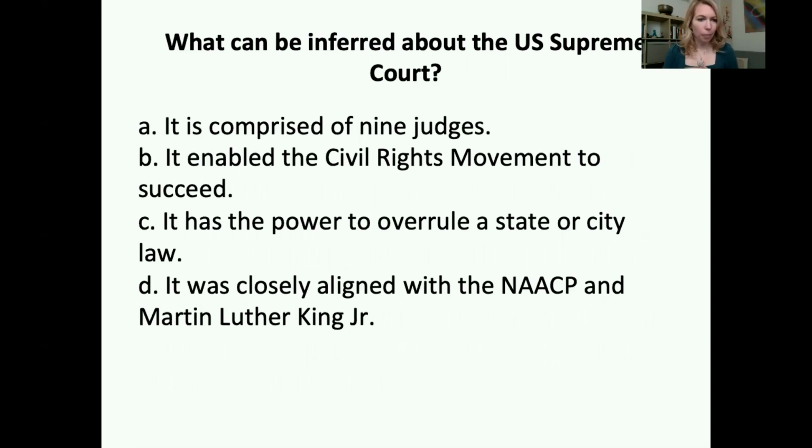We've got one more. D, the US Supreme Court was closely aligned with the NAACP and Martin Luther King Jr. Were they closely aligned? Well, it's possible that they were close. Maybe the US Supreme Court possibly was siding with these activists that wanted to end segregation.